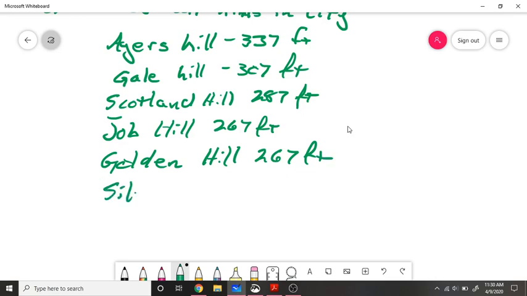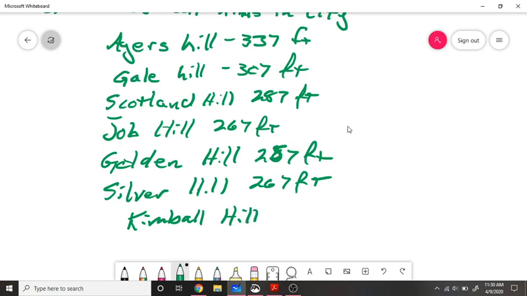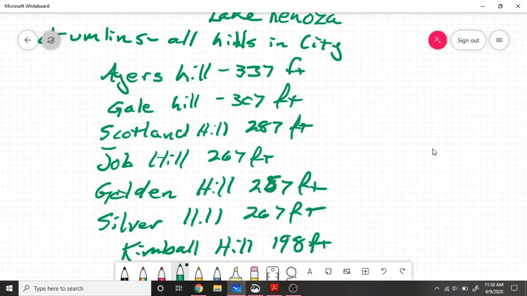Silver Hill is only, oh, I'm sorry. Golden Hill is 267 feet. And Kimball Hill, it's one of our smaller hills, is 198 feet. Now, this is only a small sampling of all of the hills that are in Haverhill.